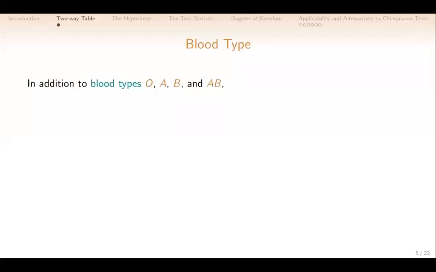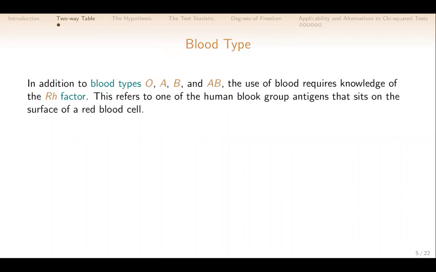So I'm going to look at blood types. We talked about blood types. I'm going to look at the RH factor. The RH factor is a blood group antigen that sits on the surface of a red blood cell, and there's only one of them that matters, but that one of them can cause serious problems with the second child if there's an incompatibility with respect to the father and the mother.